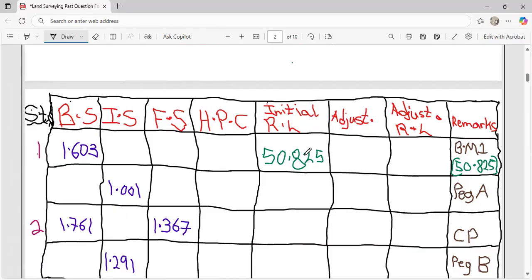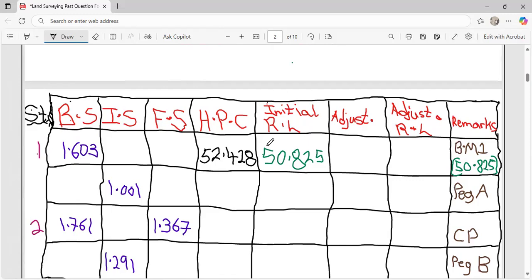After adding that, you observe that we are going to get 52.428. Good.